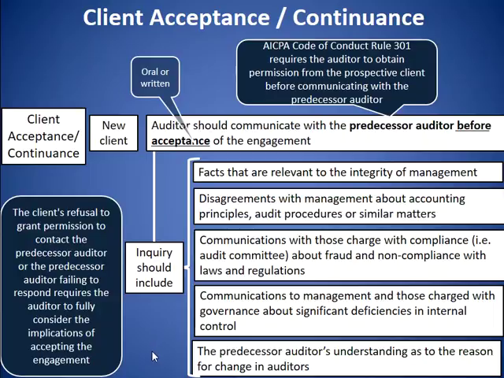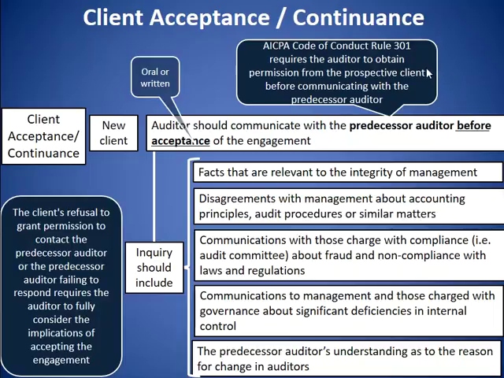Now, one of the things is that the AICPA Code of Conduct, Rule 301, it doesn't matter what the rule number is, but here's what's really important: it requires the auditor to obtain permission from the prospective client before communicating with the predecessor auditor.